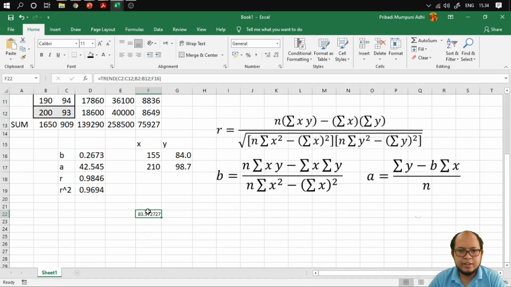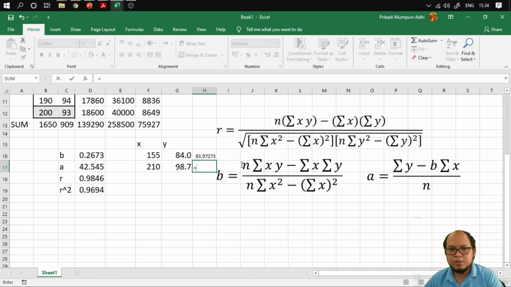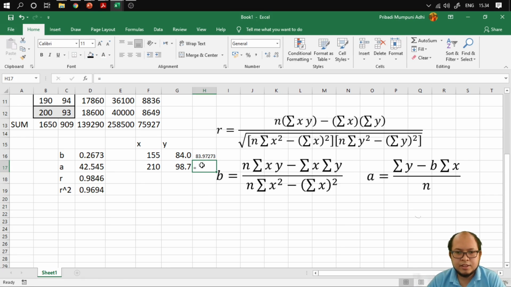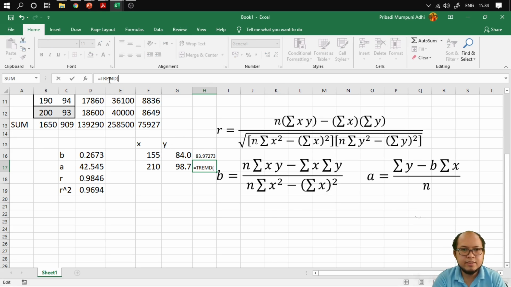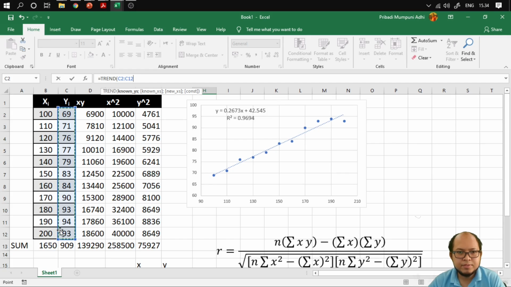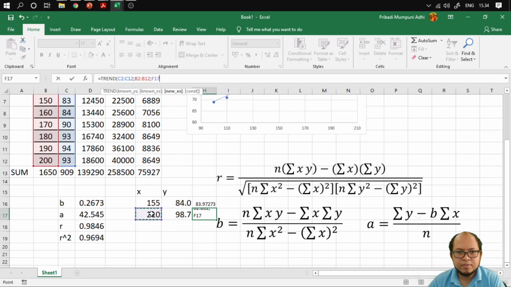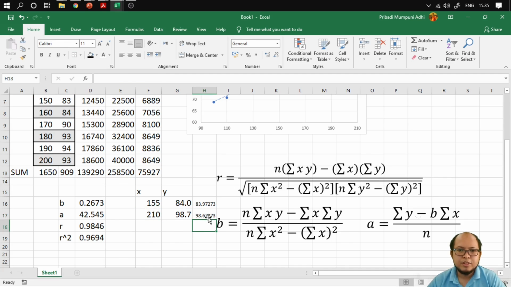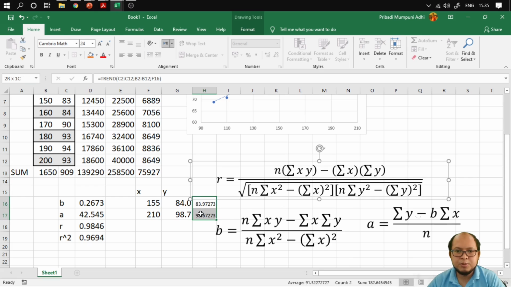So the same here, this is the value from the trend. Or we can use equal to trend, known x, known y, and then the known x, the new x, the constant we don't have to put. So we will have the same value.